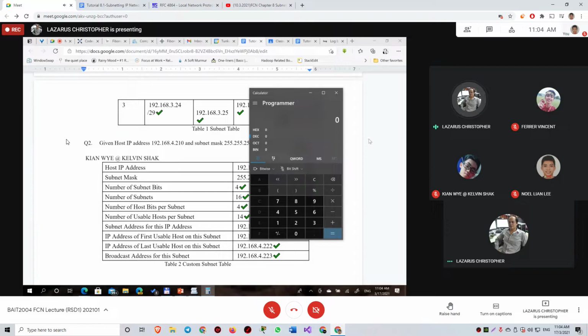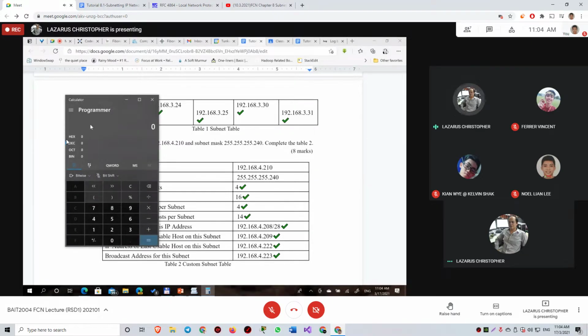Normally, I use the calculator, programmer mode, very fast. Just plug in the number in decimal, 240. Then you see for the binary part, we borrowed 4 bits. Can you see that? So I know the prefix is 20, because this is 24, 192. You know also that this subnet mask cannot tell you whether the original is class A, B, or C. This one tells you 192.